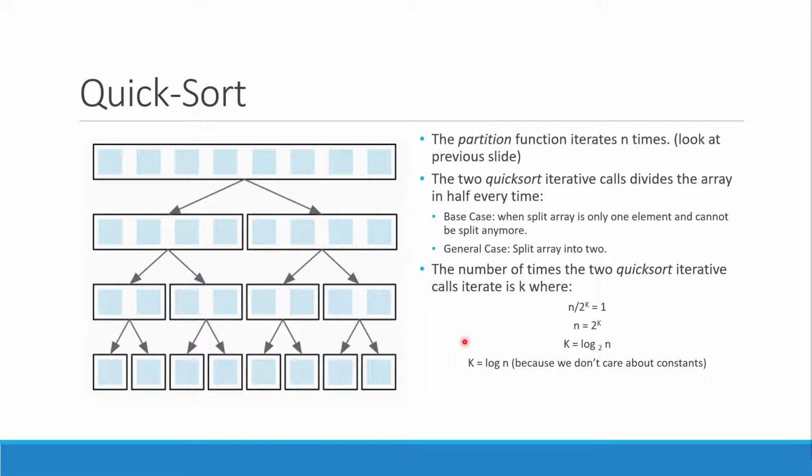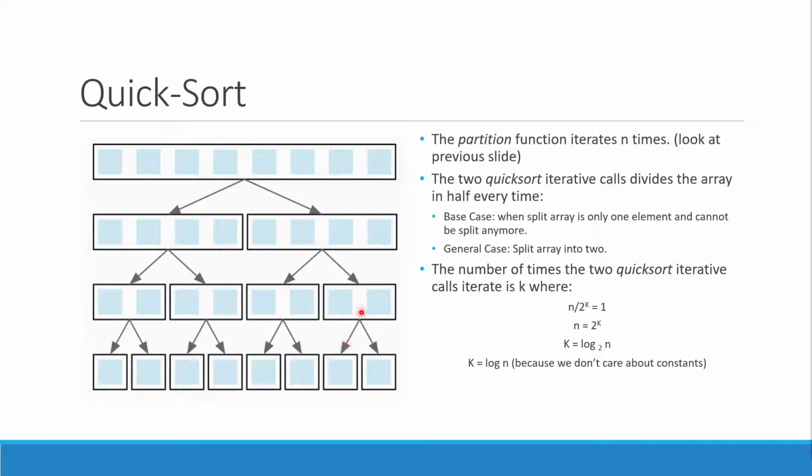So, in order to find the number of times that the array splits, we have to do a little bit of math. The number of times in which the 2 quicksort recursive calls iterate is the number k, where n divided by 2 to the power of k equals 1.